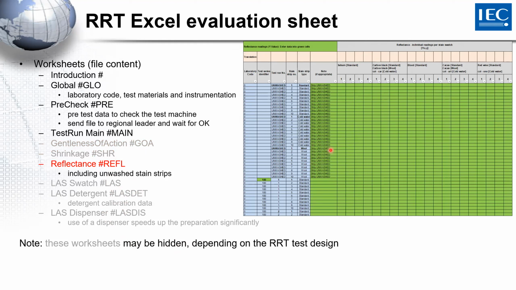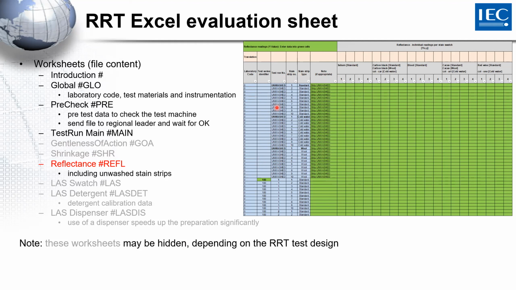And what is important, you have to measure the unwashed stain strips first, let's say, because these values are used for calculations. And if you at the end don't have strips left over, then you can't do the measurement. So make sure that you measure 10 stain strips randomly selected from the packages you got.